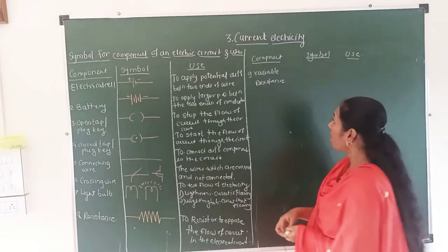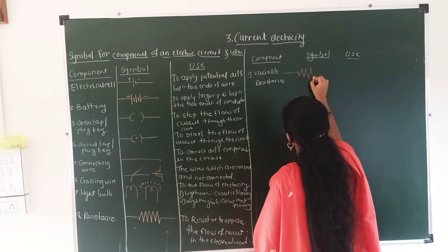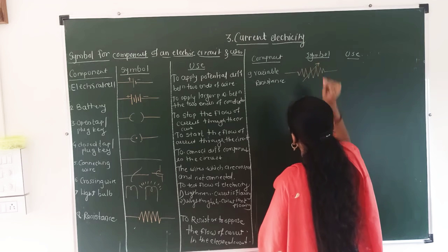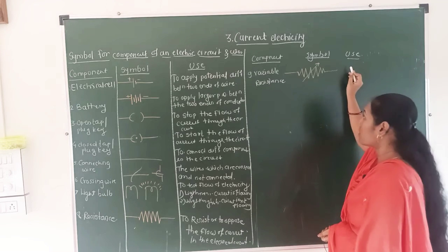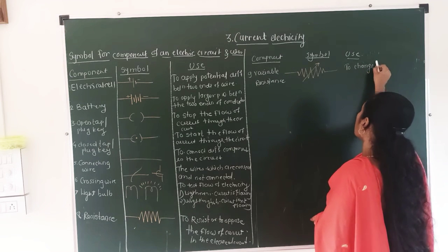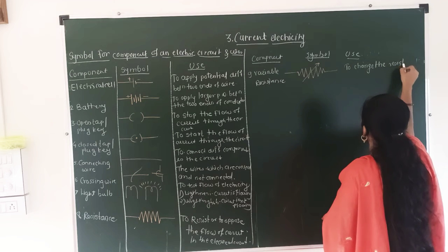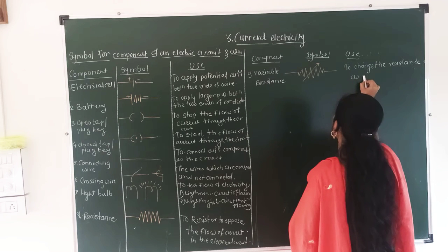The symbol for variable resistance is like this. And what is the use of variable resistance? To change the resistance as required. It is used to change the resistance as required.